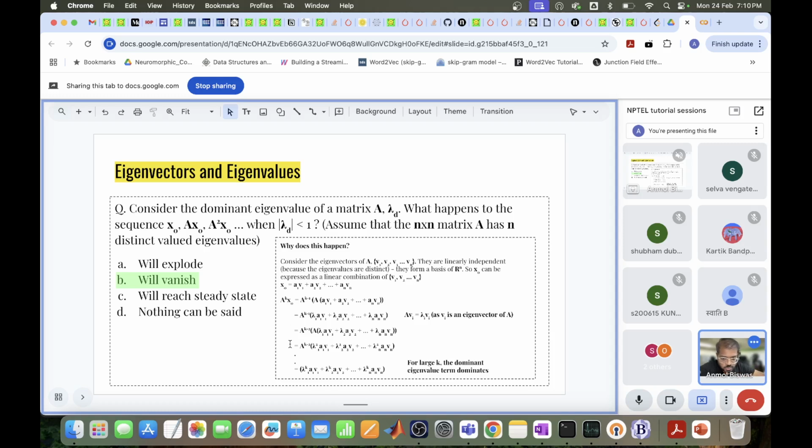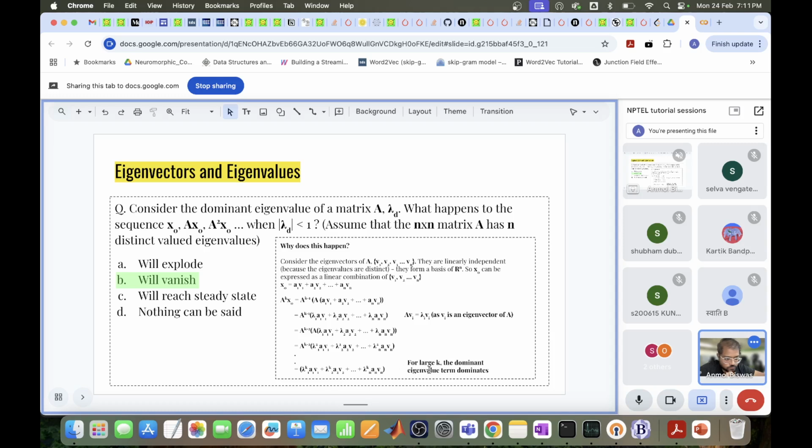You can keep doing it over and over again until you have multiplied all of these k times A matrices, and essentially what you will be left with is lambda 1 to the power of k a1 v1, lambda 2 to the power of k a2 v2, and so on until lambda n to the power k an vn, right?